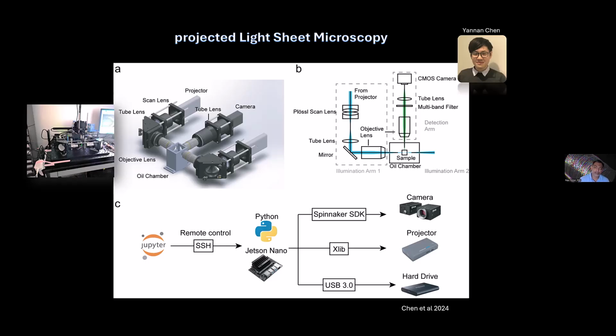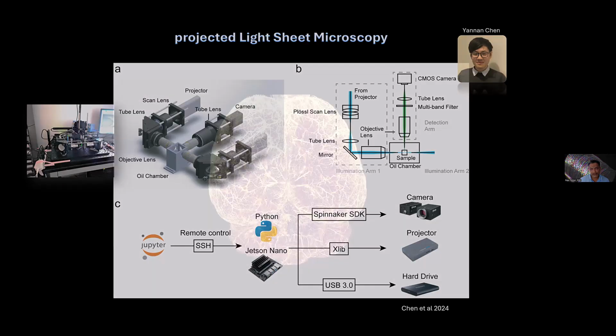Together with other optical innovations and optimizations, we ended up with a highly compact device with a minimal mechanical, optical, electrical, and computational footprint that is also an order of magnitude cheaper, but still provides imaging performance on par with the state of the art, or even better, as we'll discuss today.